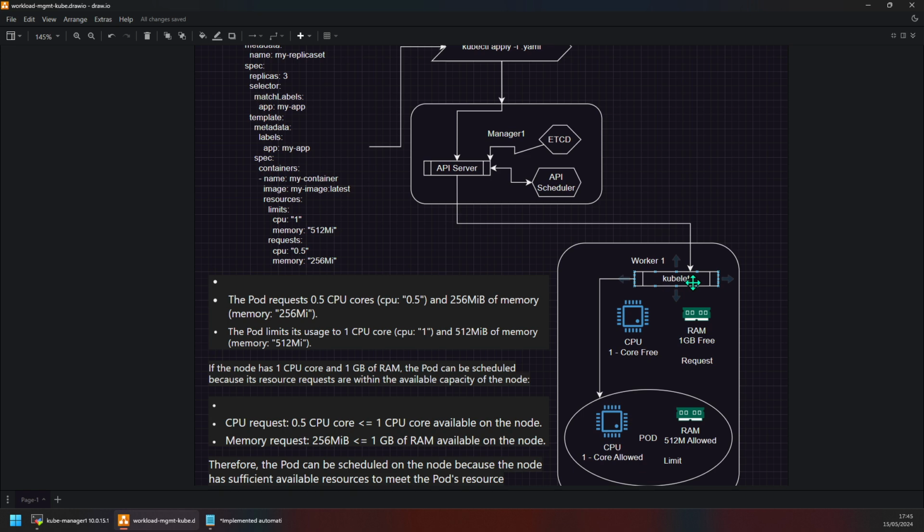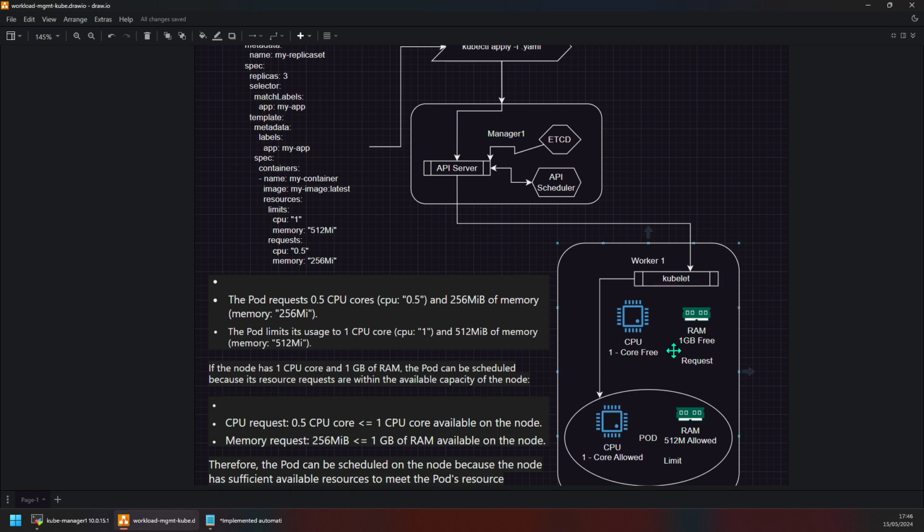It monitors the resource utilization of these pods and takes action to enforce the resource limits, and it prevents pods from overriding each other's resources. If a pod exceeds its resource limit, the kubelet may throttle the pod or terminate it to ensure the stability and performance of the node.